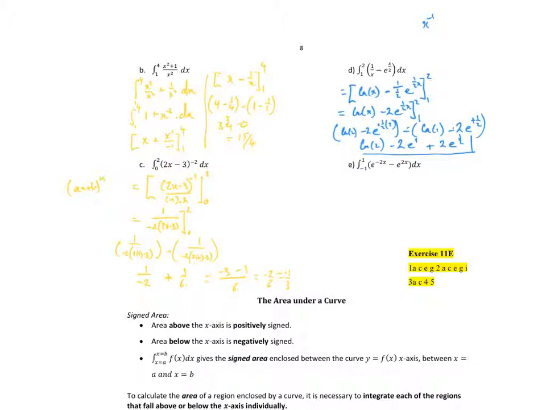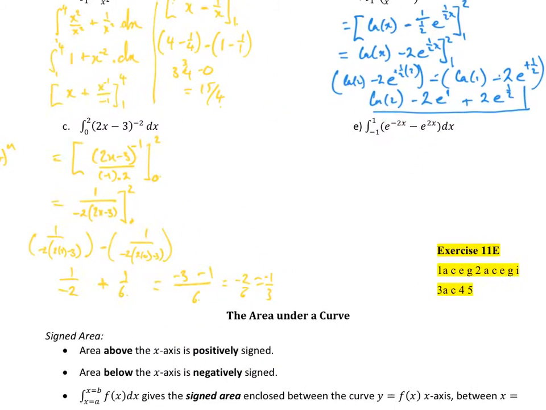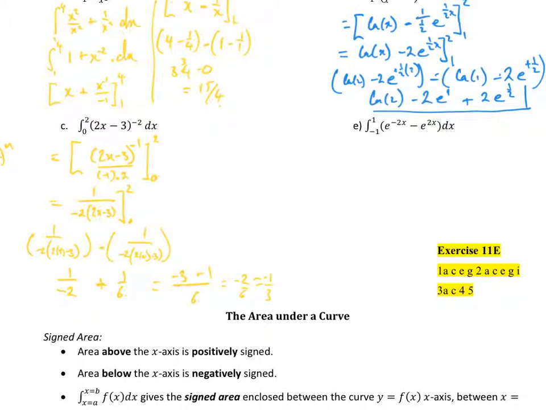Final one. Okay, antiderivatives: we get 1 on negative 2e to the minus 2x minus 1 on k, which is 1 on 2e to the positive 2x, between 1 and negative 1.